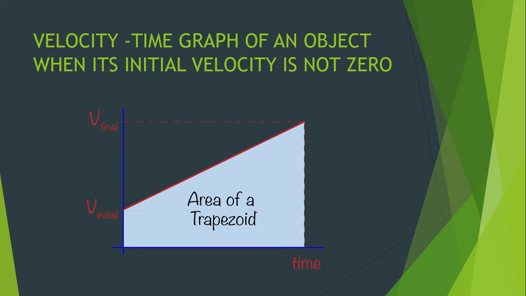This is very important to note. Like if you are asked to find the distance traveled by the object, then you need to find the area of this trapezium and you will find the distance or the displacement of the object. This is very important information which we receive from velocity time graph.